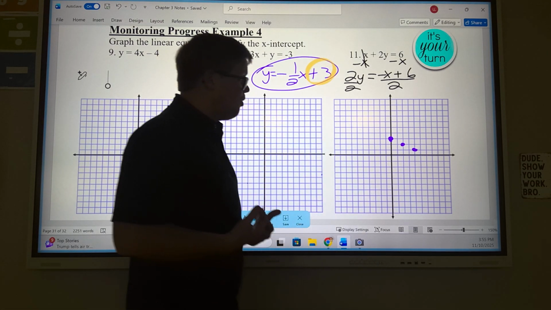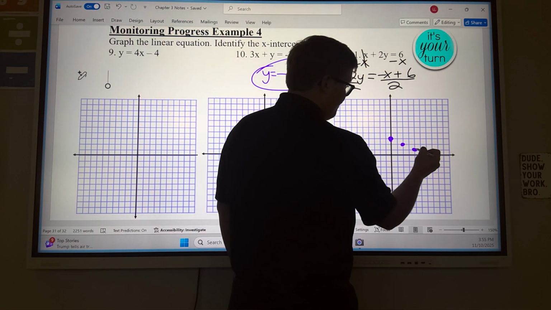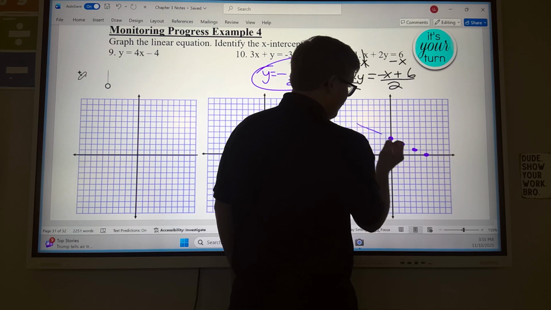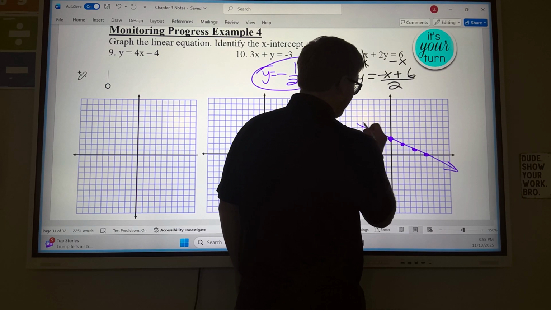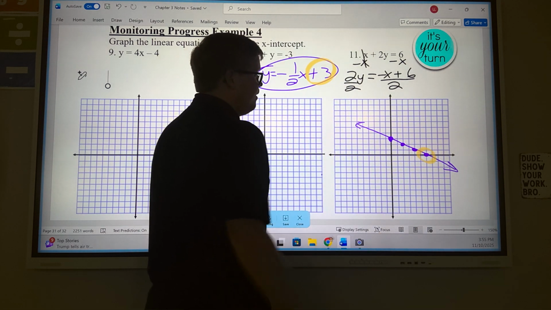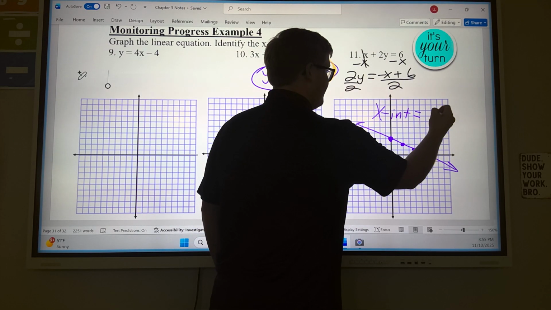We're still not there. We still don't know our guaranteed landing spot on the x-axis, so we have to do it one more time, down 1, right 2. Now, all of a sudden, we have the exact same line as what we did with standard form, and we know our x-intercept is landing at 6.